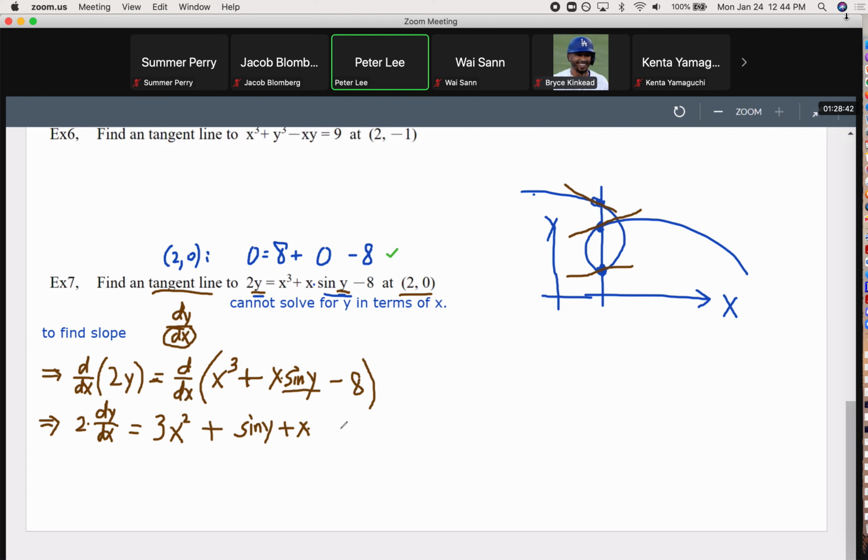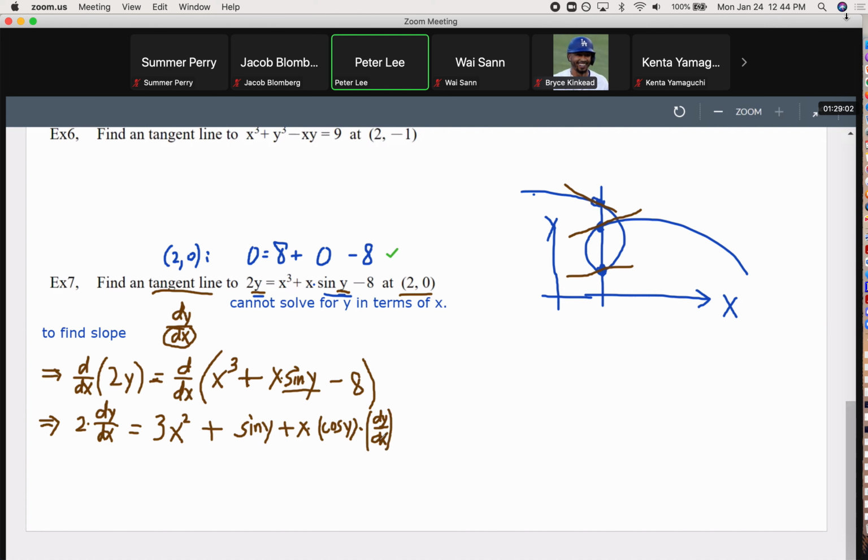So take the derivative of sine y with respect to y, which is cosine y. And then the chain rule factor, we must have that dy over dx. The chain rule factor dy dx must be there.